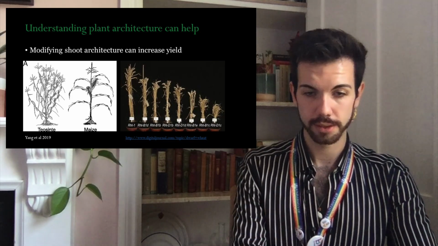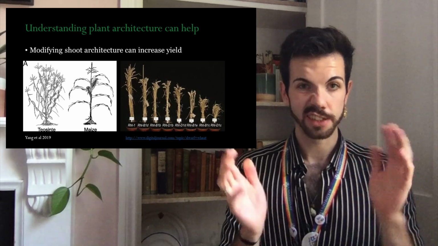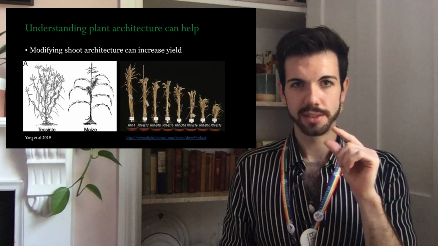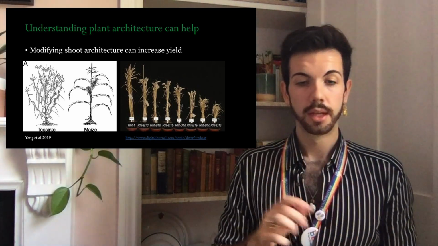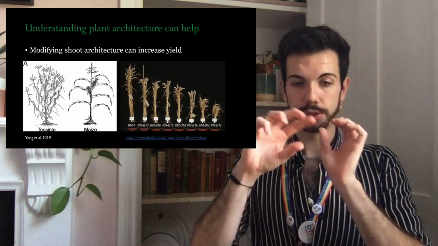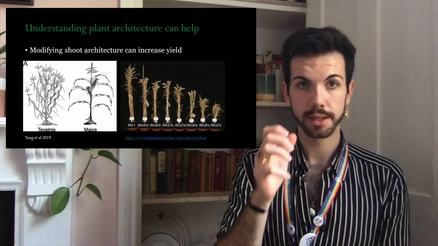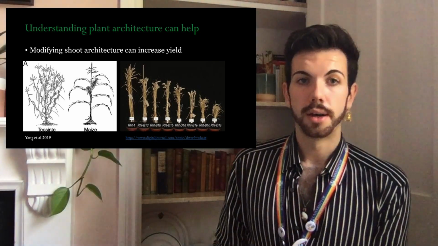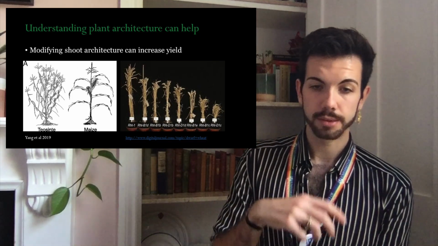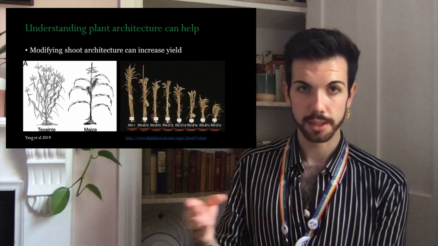You can see here from this figure by Yang, 2019, teosinte is a very branchy, bushy plant with very small, not very tasty ears, whereas maize is a single branch producing quite large, juicy ears. The reason for this difference is an allele called TB1, which was selected for in our crop maize over thousands of years.